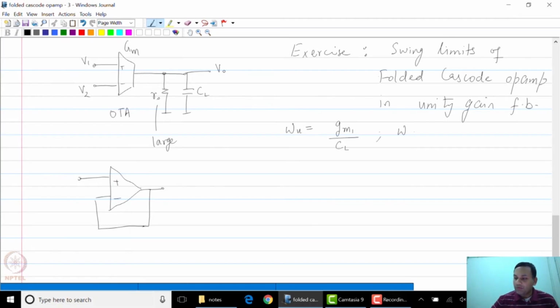Of course, the dominant pole omega D should be at 1 over R out CL. Because this particular op-amp has a much larger output resistance, it will have a much smaller dominant pole compared to a regular 5 transistor one stage op-amp, which we studied right at the beginning, even before the telescopic op-amp.